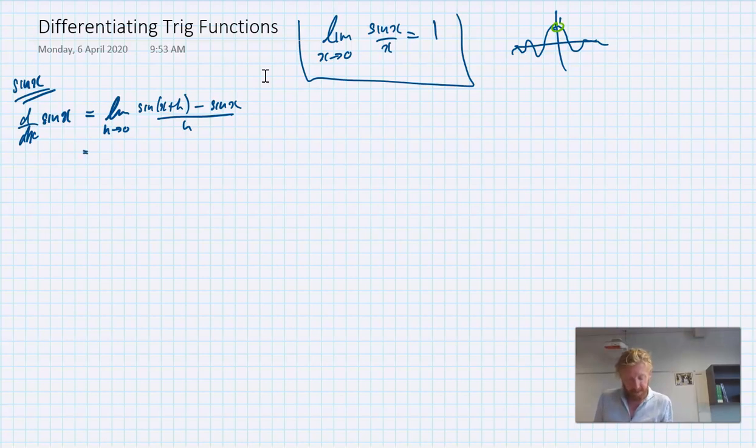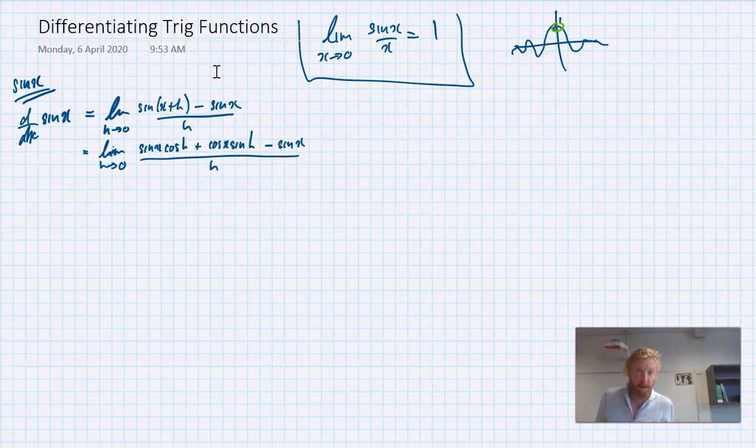This is equal to the limit as h approaches 0. Compound angle, sine x plus h goes to sine x cos h plus cos x sine h minus sine x all on h. This is equal to the limit as h approaches 0.